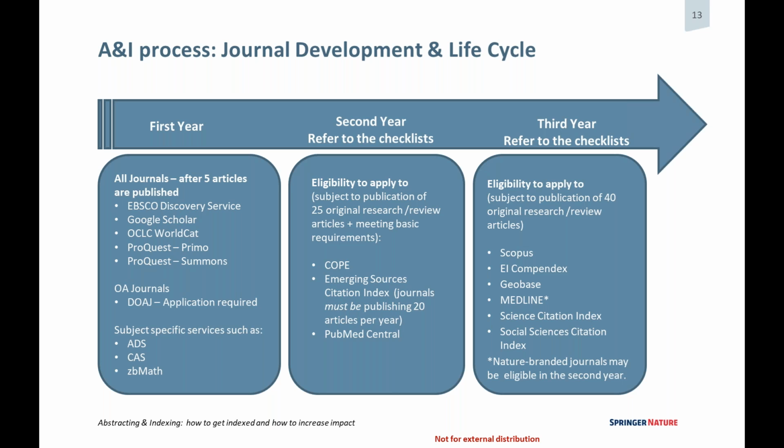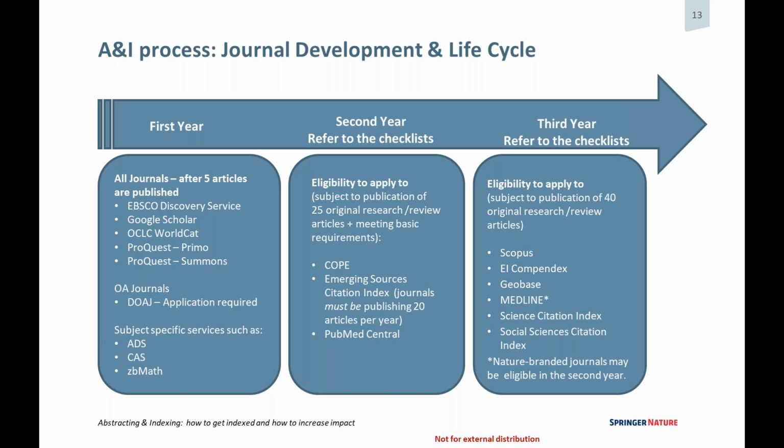So there is already a platform provided to the content, regardless of how long that journal has been publishing. It could be 6 months, or it could be a year, but we provide our content and it is discoverable through these discovery services. For open access journals, and as you know, Springer-Nature has a big portfolio, it is one of the largest publishers of open access content.